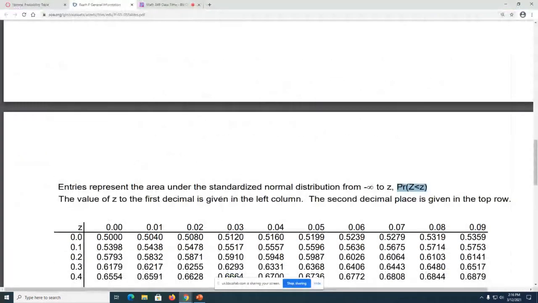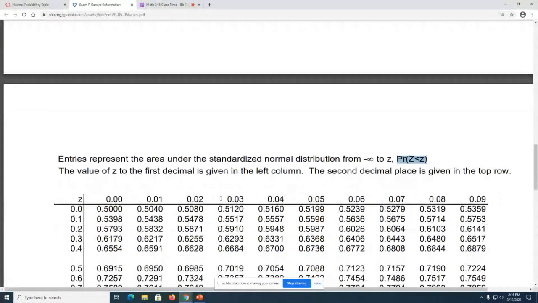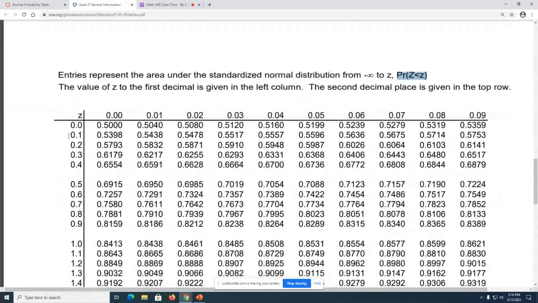So now we would want to find negative 1 on this table by looking at the rows and the columns. The way these are set up is that the units and tens place of z denotes the row, and then the hundredths place denotes the column.